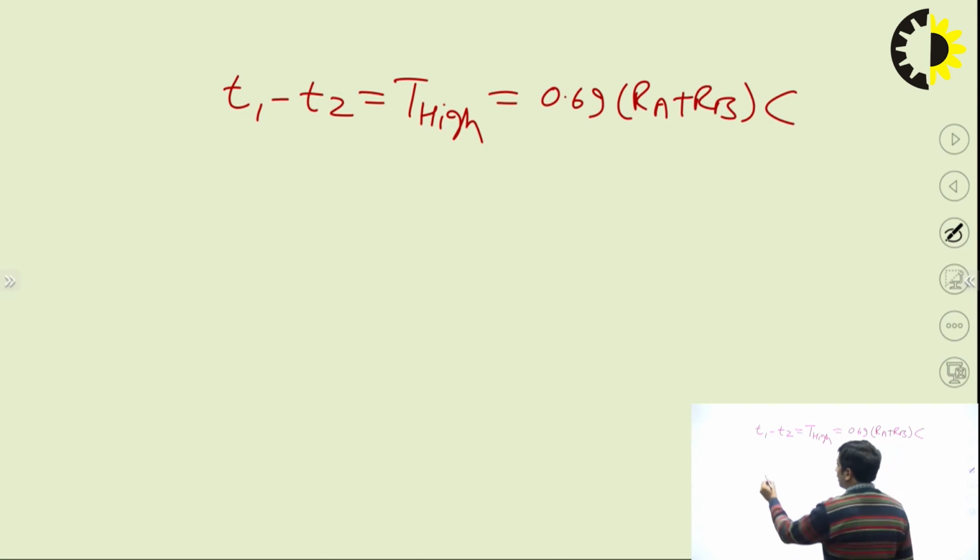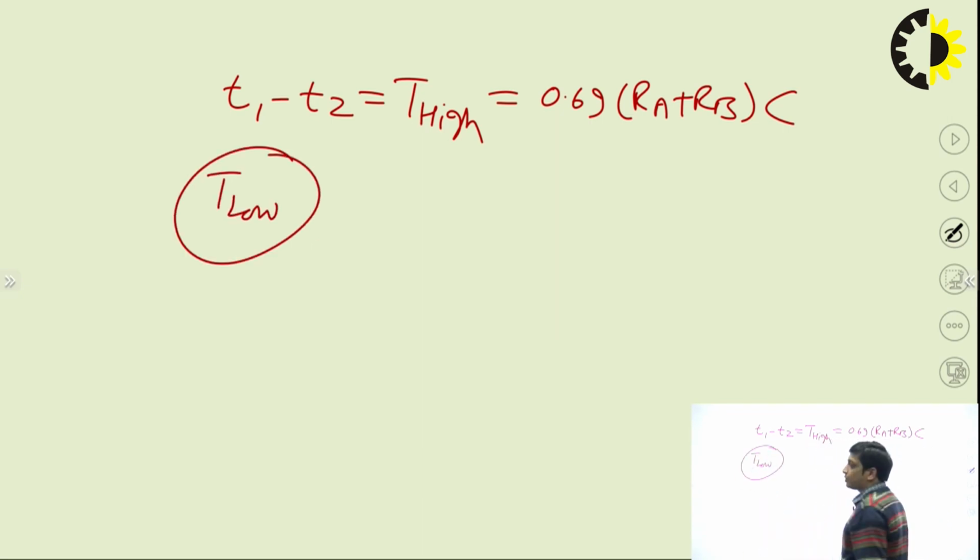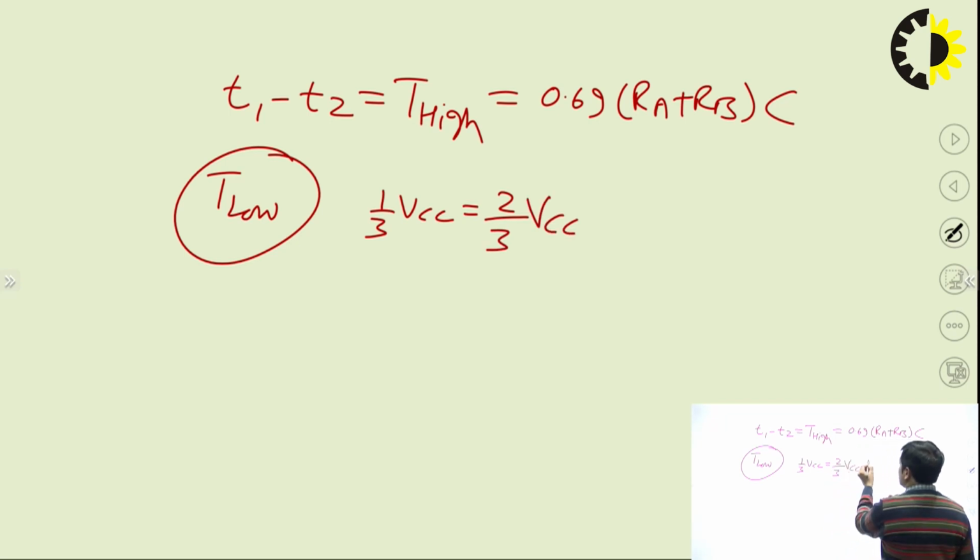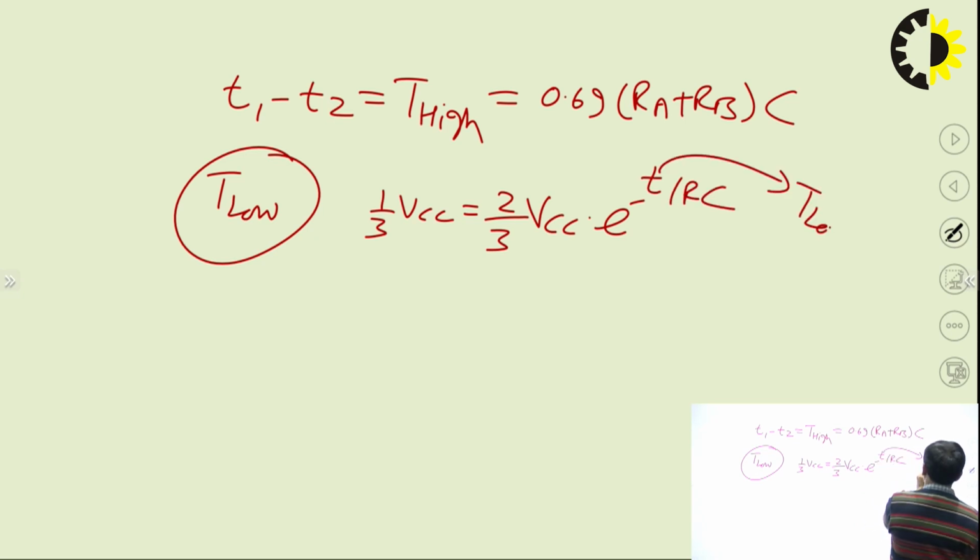So we need to calculate the value of T low now. We know that the output is low when the capacitor is getting discharged from 2 by 3 VCC to 1 by 3 VCC. So the equation is, the final value 1 by 3 VCC is equal to 2 by 3 VCC into e to the power minus T by RC, where this T is basically T low.